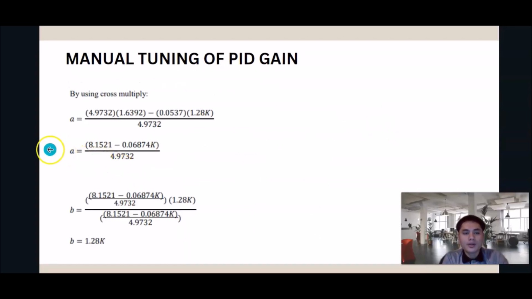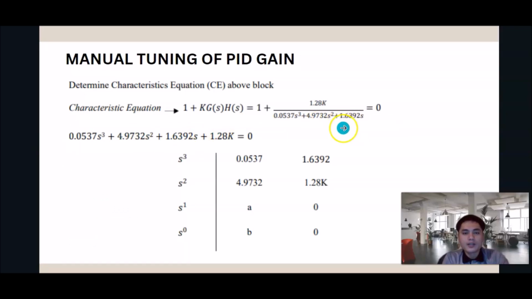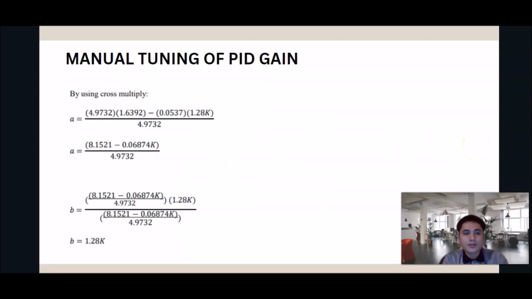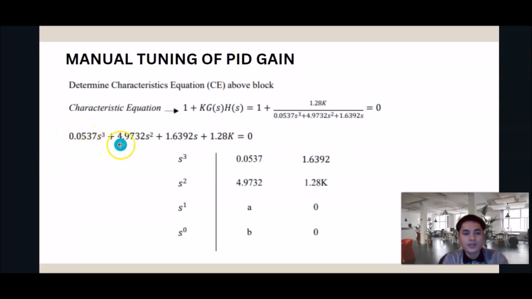So when we simplify it, it becomes like this. By using cross multiply, A equals to, we take the values from s to the power of 3, s to the power of 2, and s to the power of 1.